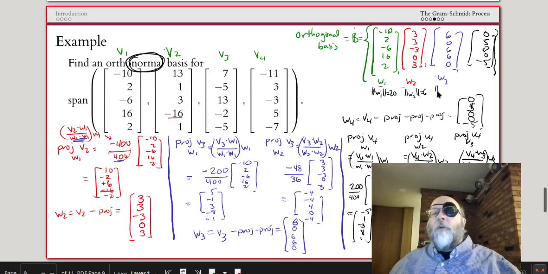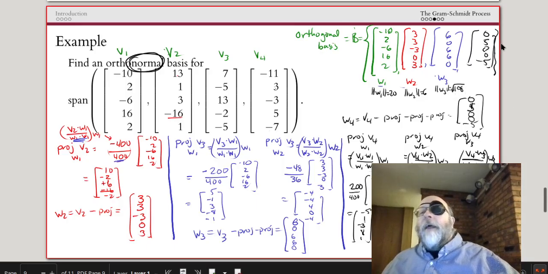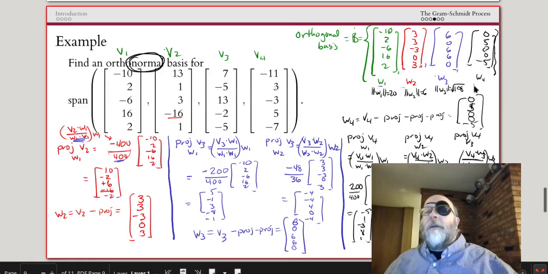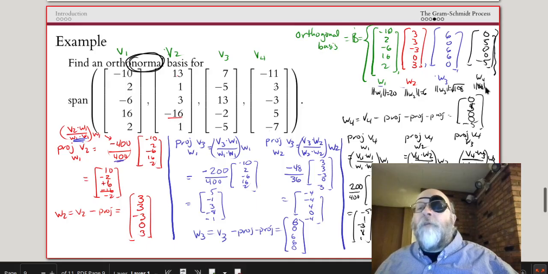Unfortunately, the square root of 108 doesn't work out super nicely. So we'll just leave it as the square root of 108. And then finally, 5 and negative 5, when we square that, that's 25, and 25 plus 25 is 50. So the magnitude of W4 is the square root of 50.